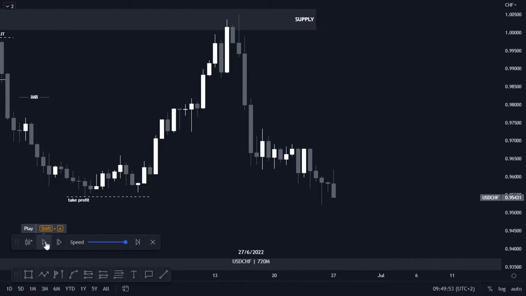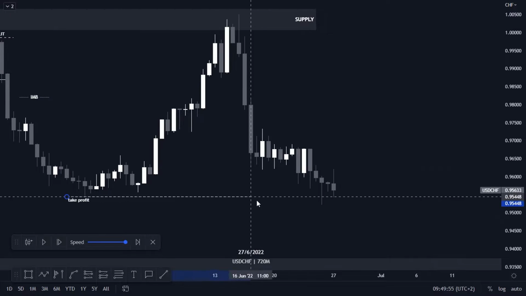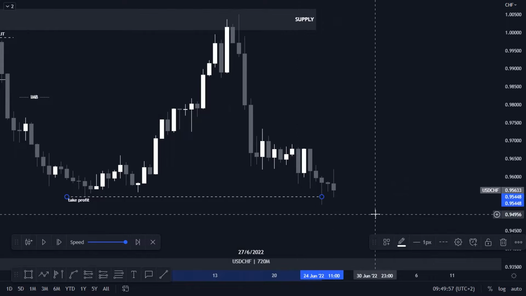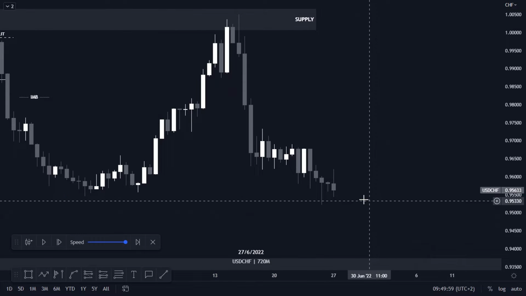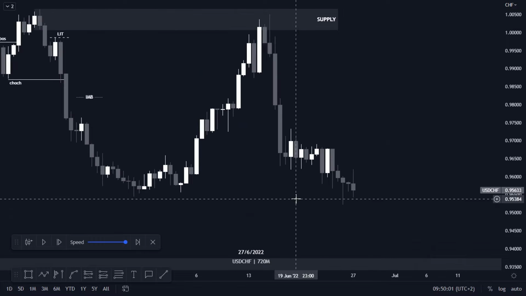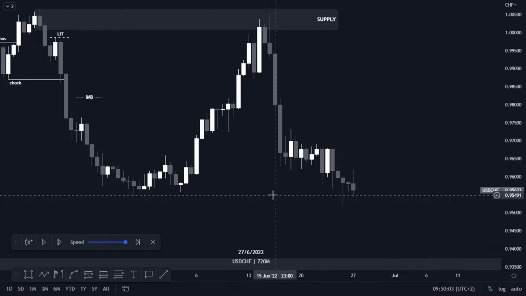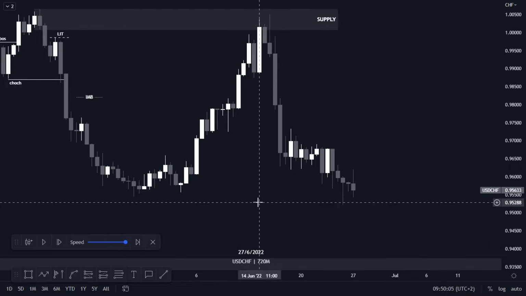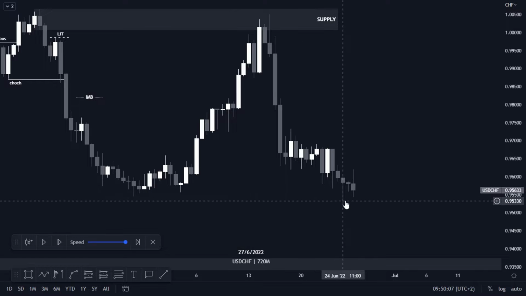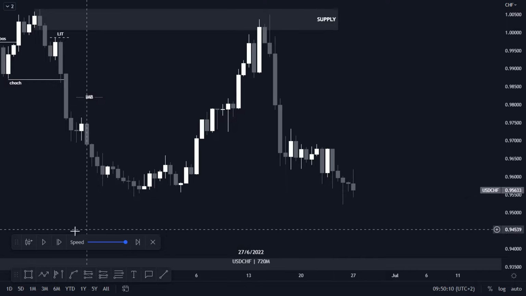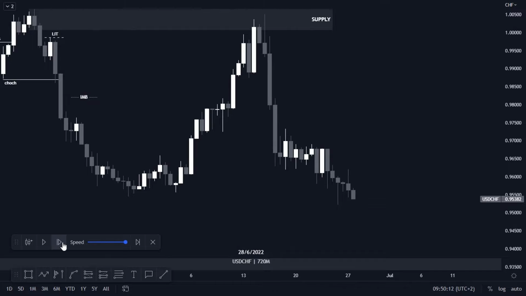Now as you can see, our take profit has been mitigated. We can't classify that as a low yet because it has closed with a wick, so we need a candlestick close.